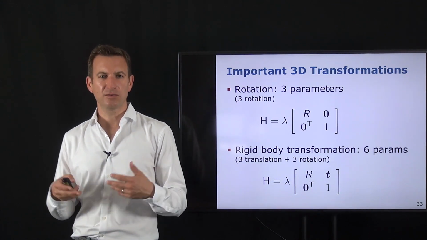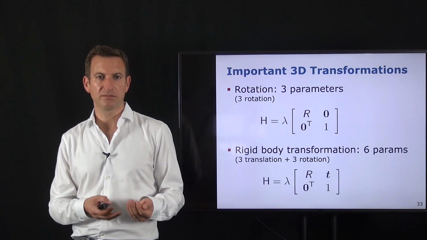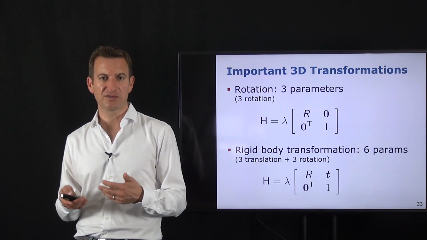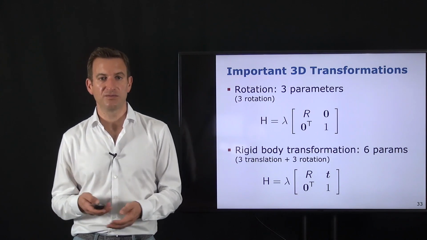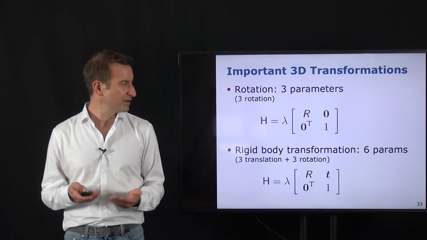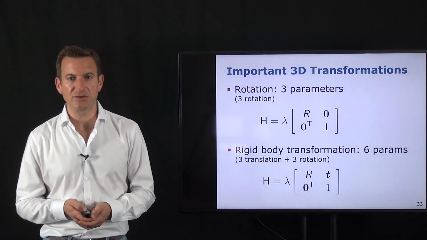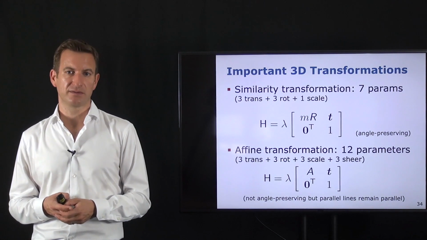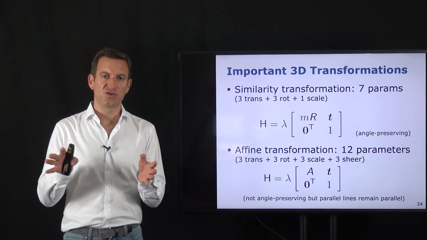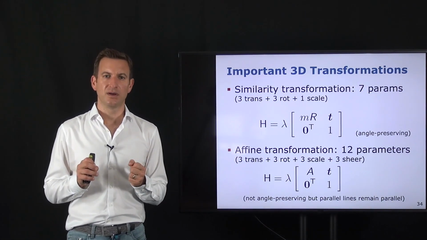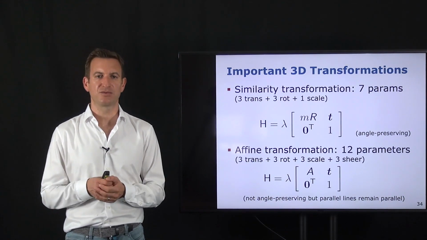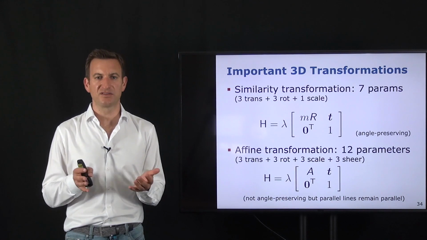Okay, now let's look into other transformations. There are more than just translation, rotation, and rigid body transformation. There's, for example, the similarity transform, which is a very frequently used transformation in computer vision or in photogrammetry. This basically adds an additional parameter, a scale factor, which scales the points. Here we cannot just, as in the Euclidean space, multiply the whole transformation with a scalar because of the homogeneous property.